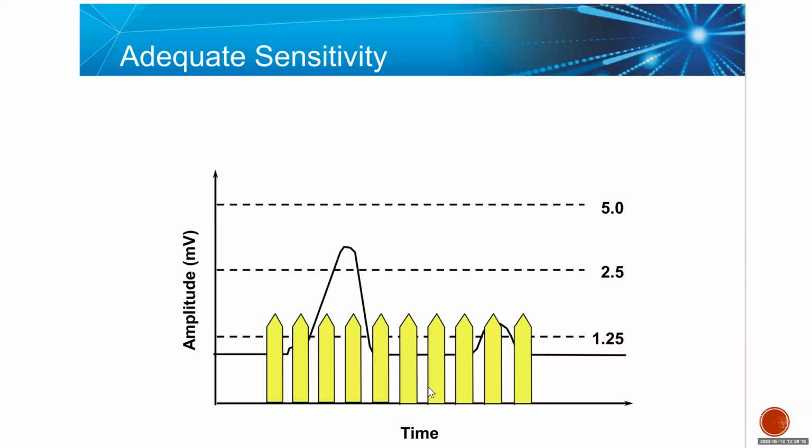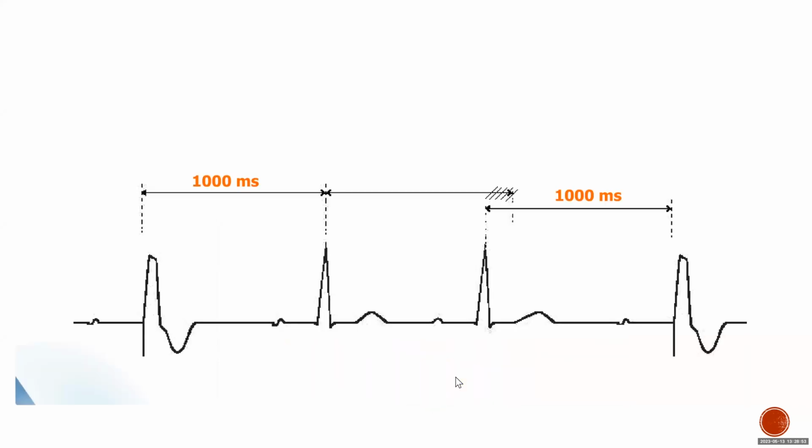This is what we do in the device clinic. This is what we test and then determine what number is good for that patient. And again, why is that important? Because sensing is what is going to determine how long the pacemaker needs to wait before it paces. When it sees this, it will start counting this timing again.